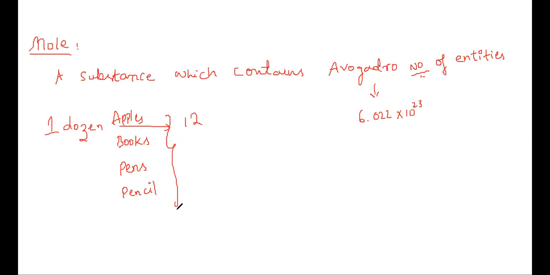So in this case, what is remaining constant? One dozen, the unit of 12, remains constant, and the object is changing. It can be a book, a pen, a pencil or an apple, whatever.